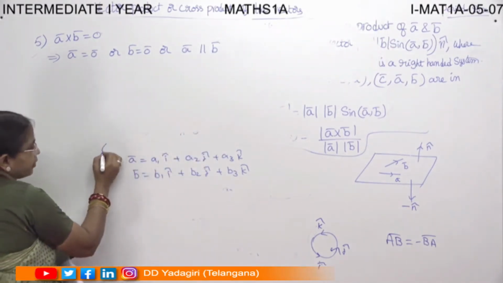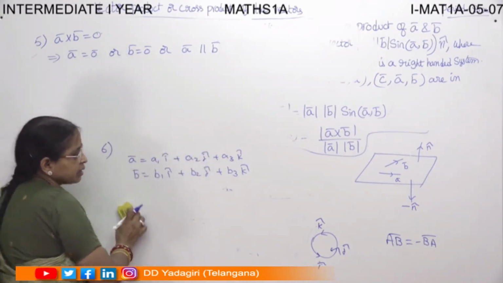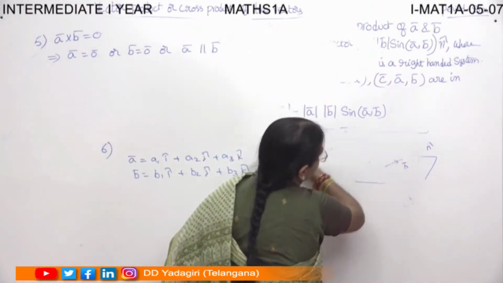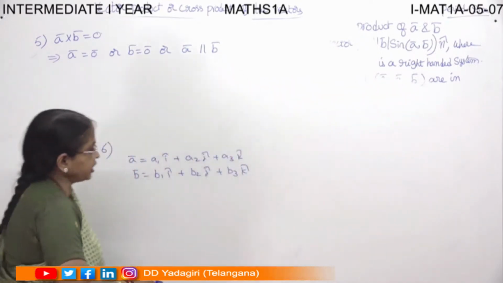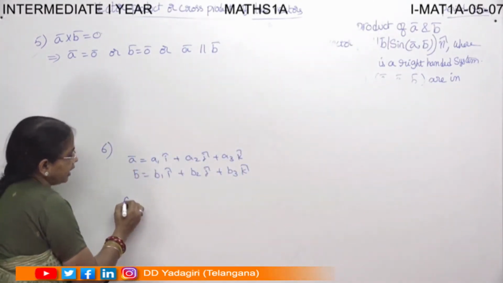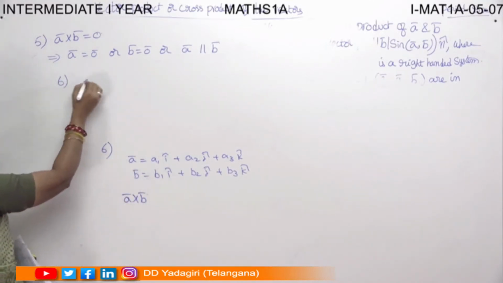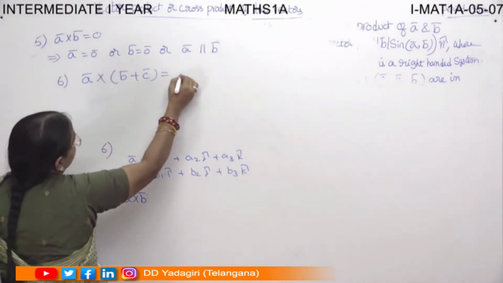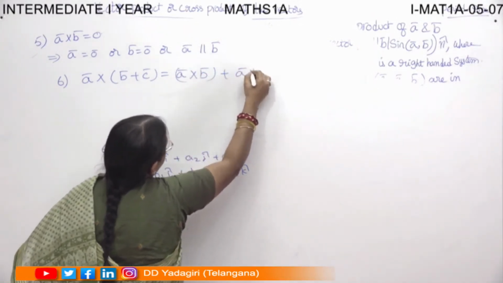Now the next property, the sixth, I'll write here because we already wrote A, B vectors. Suppose A, B, C are given in terms of I, J and K. A cross of B plus C is equal to A cross B plus A cross C. It is distributive.